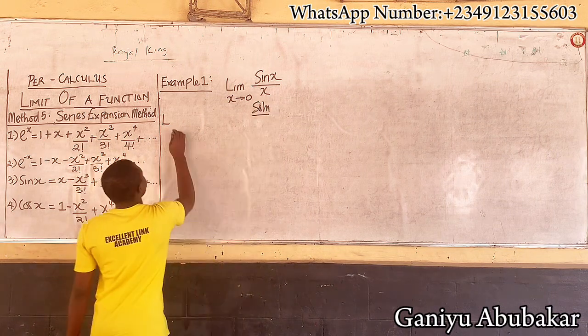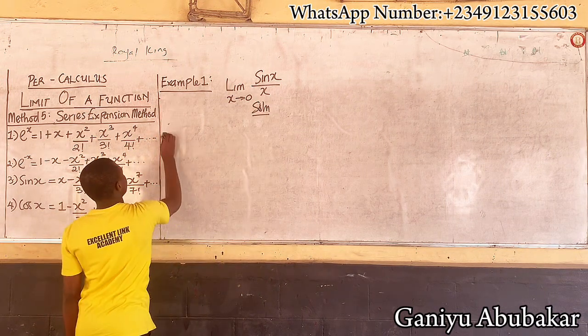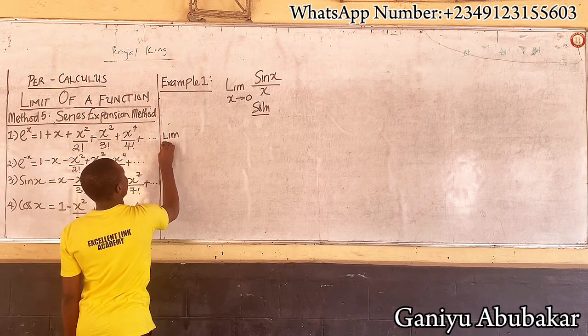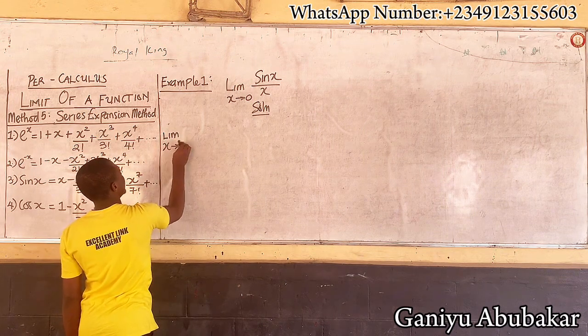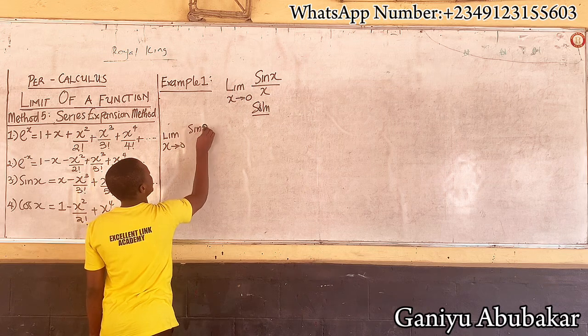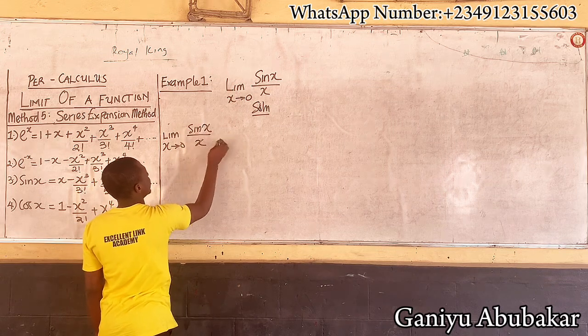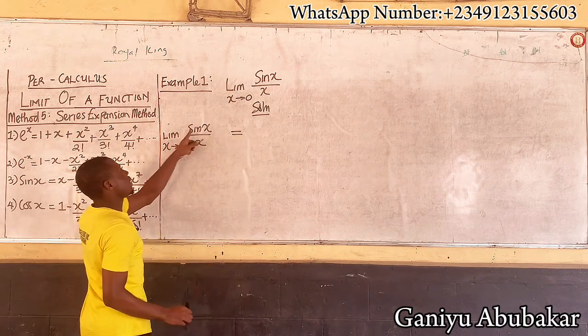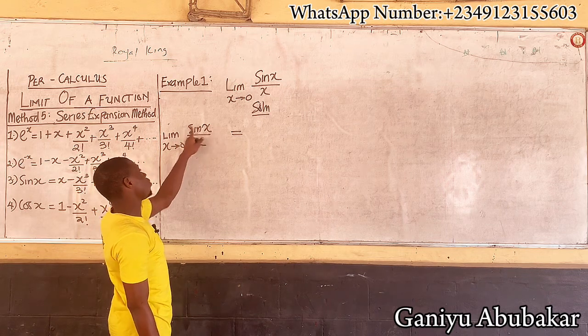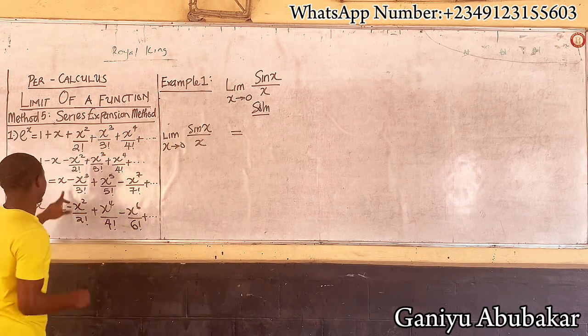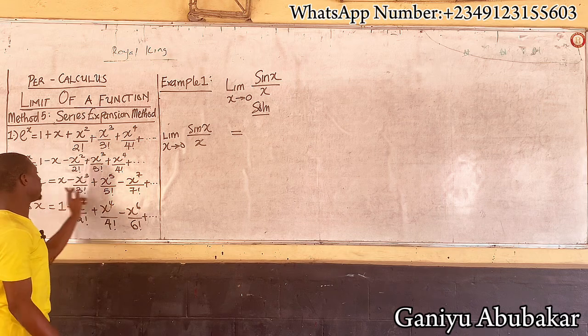I have the limit as x tends to 0 of sine x over x. This is equal to what? Sine x expression. Of course, sine x is given as every expression here, so I'll repeat everything here.